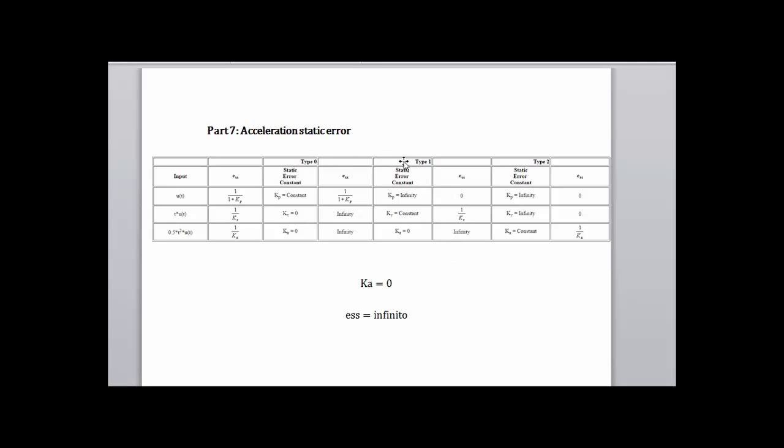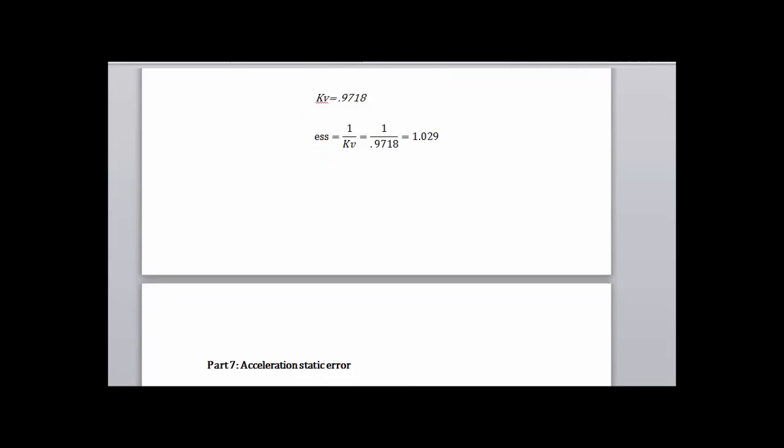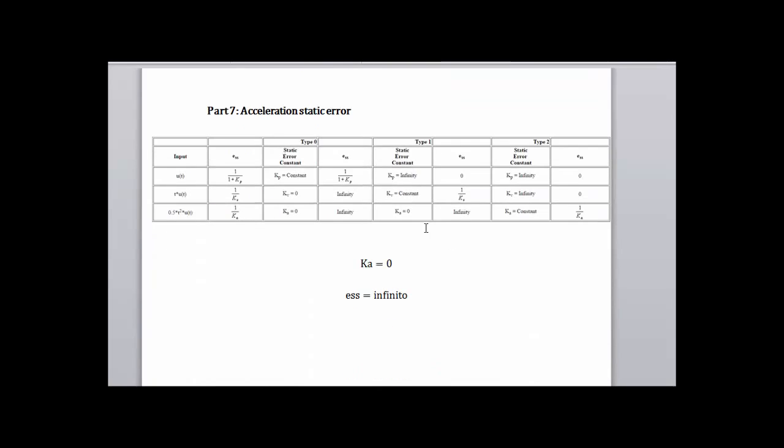So in this case we have a type 1, and the constant would be 0. And if you remember, the formula to get the static error is 1 over the constant. So in this case 1 over 0 would be infinite, and that is how you get the acceleration static error.